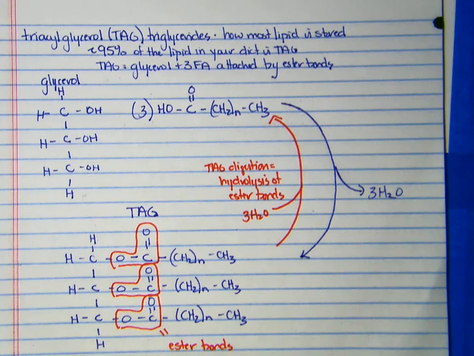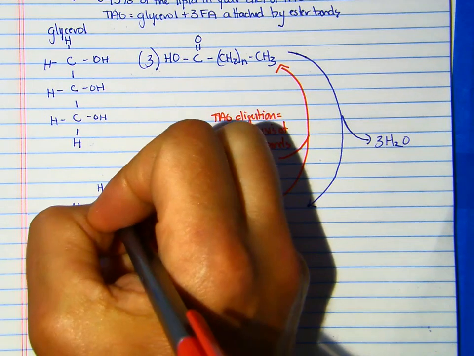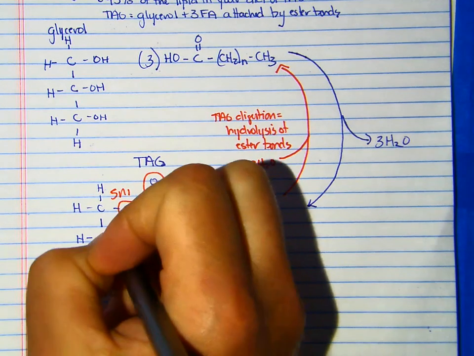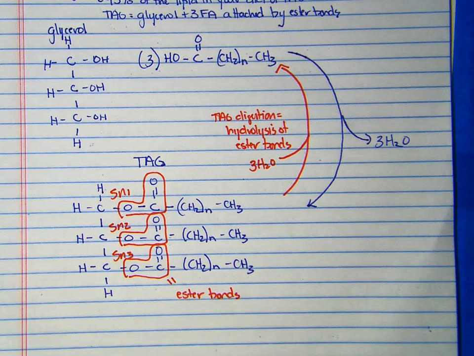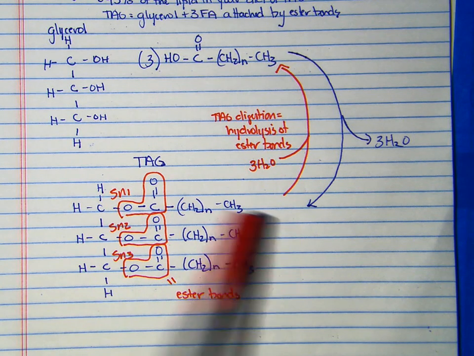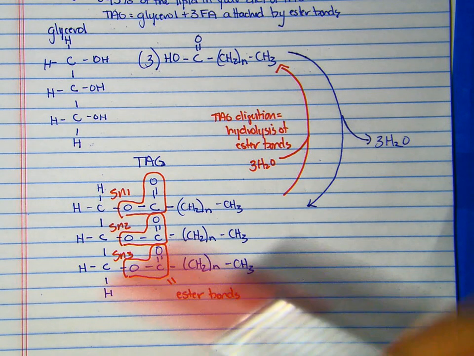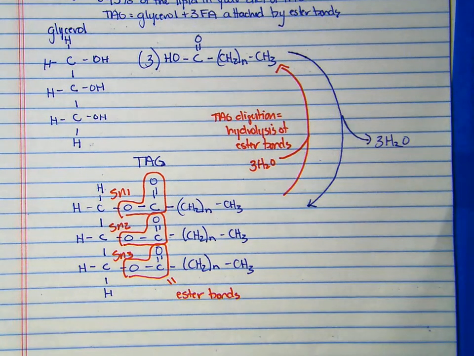Okay. One other important thing we need to get at in this drawing is this carbon is SN1, SN2, and SN3. So that kind of gives us a triglyceride, carbons SN1, SN2, SN3, ester bonds, and then a fatty acid. What we're going to be most concerned about with digestion is breaking those ester bonds with water.